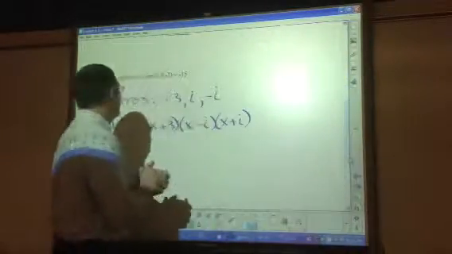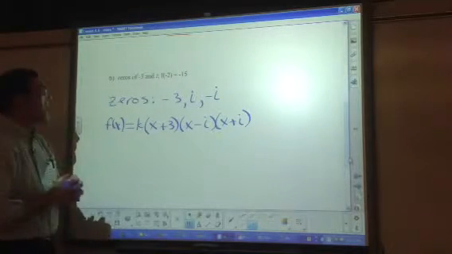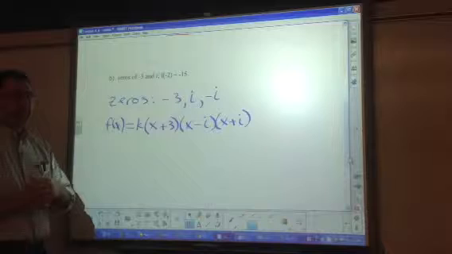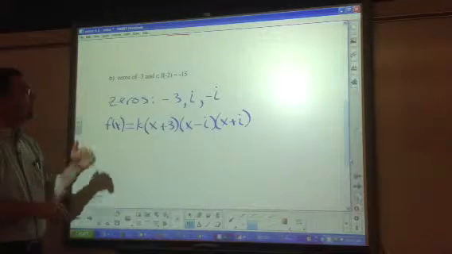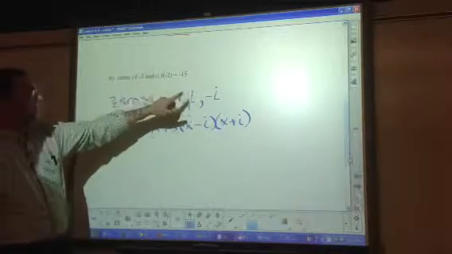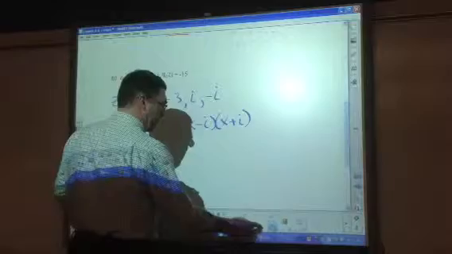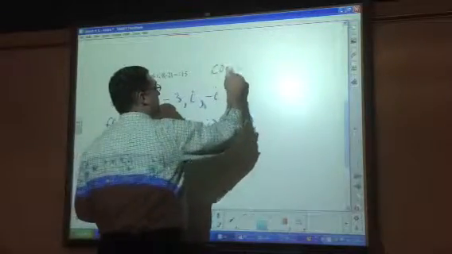Alright, so this is another one. Here we have a 0 at negative 3 and i, and f of negative 2 equals negative 15. So for this one, because I have a 0 at i, I also have a 0 at negative i, because of the rule for complex conjugates.